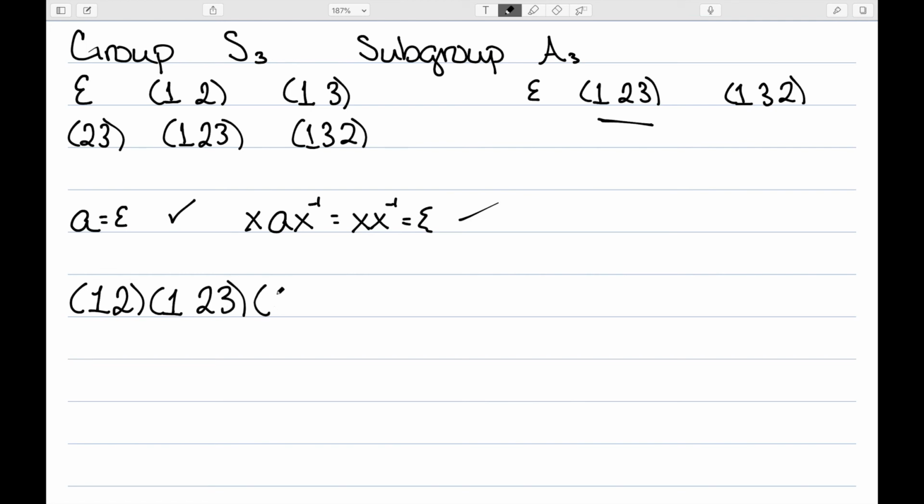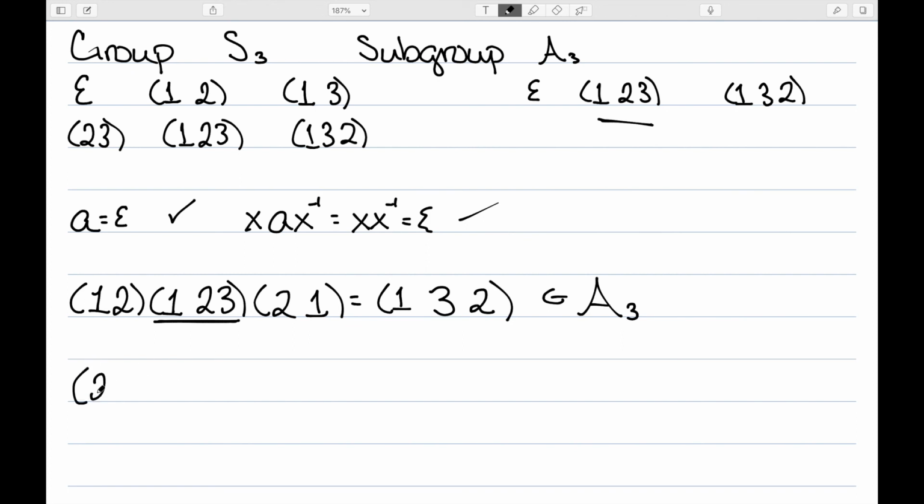And then X inverse would be (2 1). If I work this out, we see that 1 maps to 2 and 2 maps to 3, so 1 maps to 3. 3 maps to 2 and 2 maps to 1. 3 maps to 1 and 1 maps to 2, so 3 maps to 2. And then 2 maps to 1, 1 maps to 2, and 2 maps to 1, so 2 maps to 1. So this is not equal to A, but it still does belong in A3.